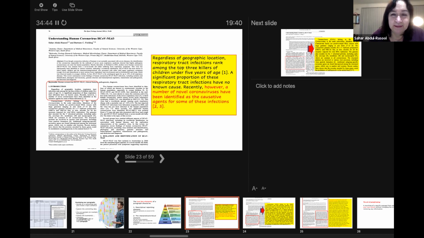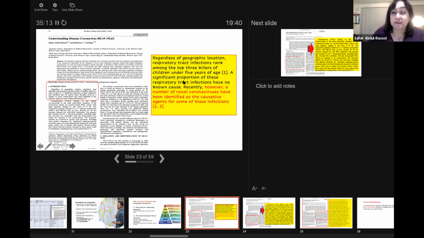And then it says, recently, however, a number of novel coronaviruses have been identified as the causative agent for some of these infections. It's a very introductory paragraph, the beginning of the paper, and it shows that we are going to talk about respiratory tract infection and how fatal they are, and that coronaviruses are the causative agent.